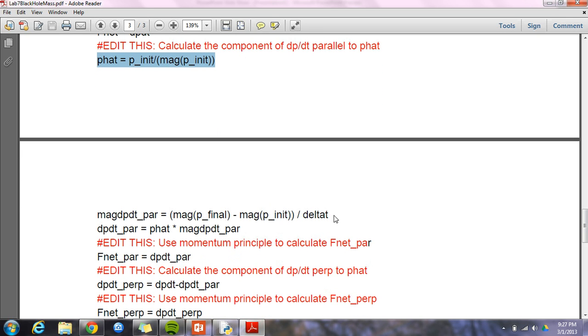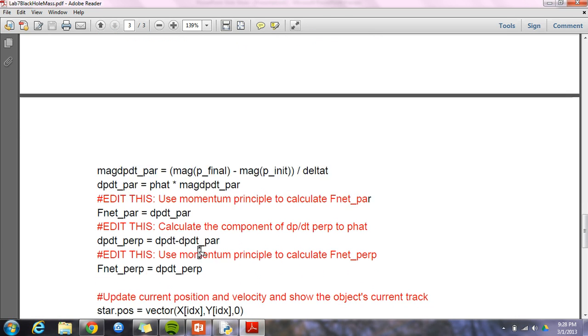And next, we have the magnitude, which is the change in the momentum over the time step, and putting that all together, we find the parallel component of our momentum, which is the change in the magnitude of the momentum over time times p hat. And we set our F net parallel to dp dt parallel.